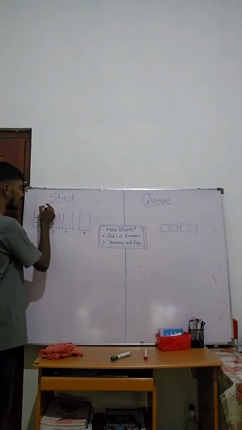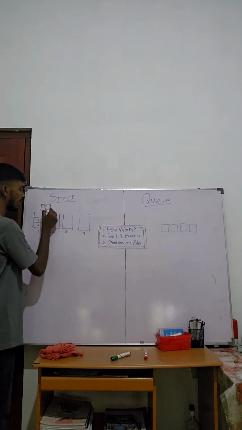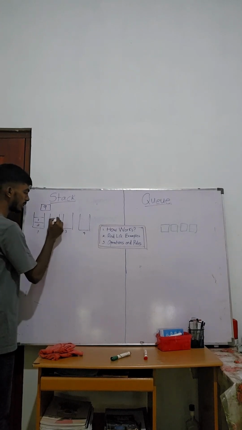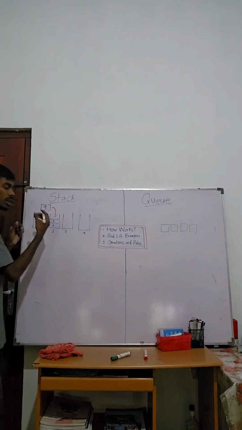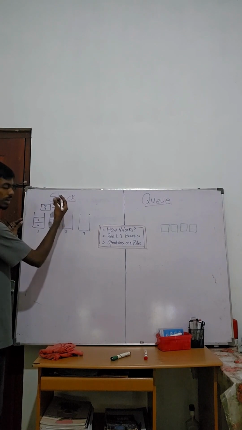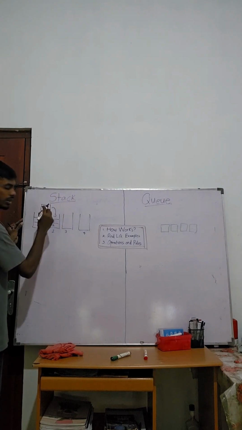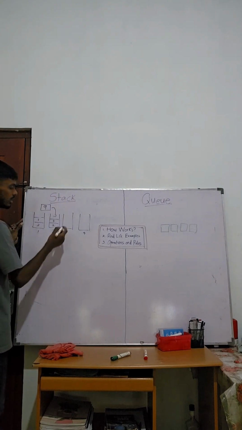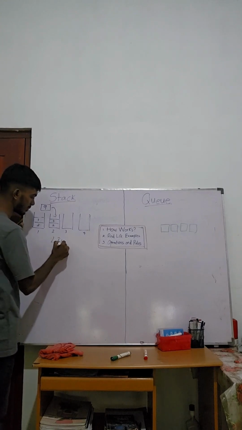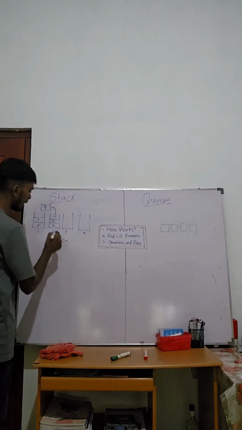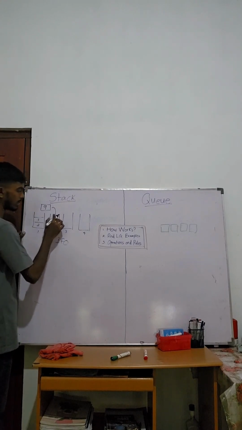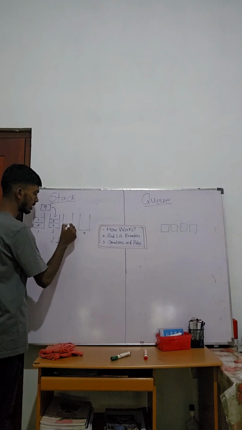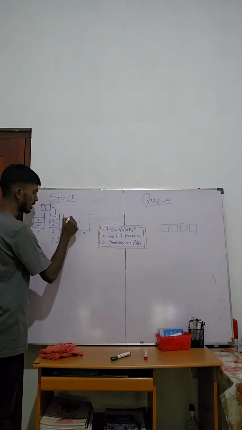Now I add number 9 to the top of this stack, so the stack has 2, 3 and 9.